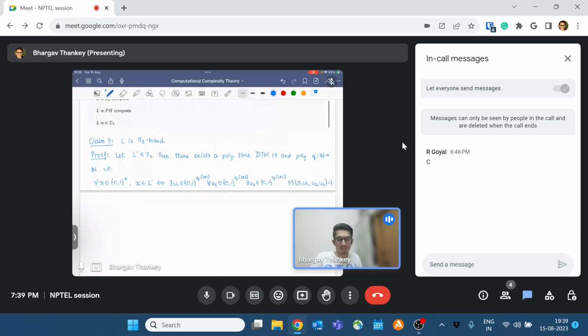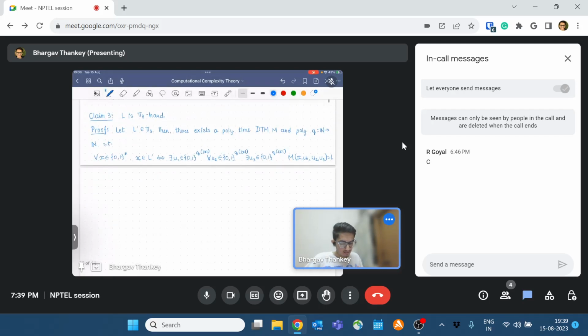So this is just the definition of something being in pi 3, right?